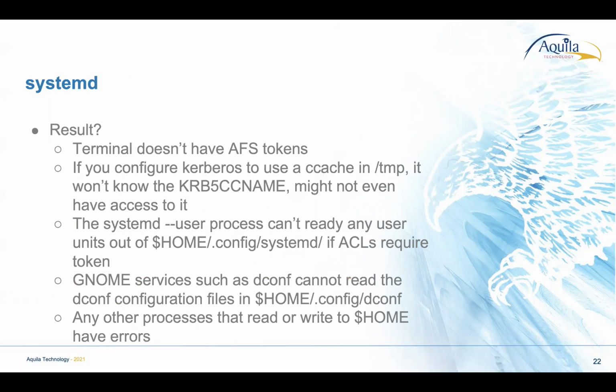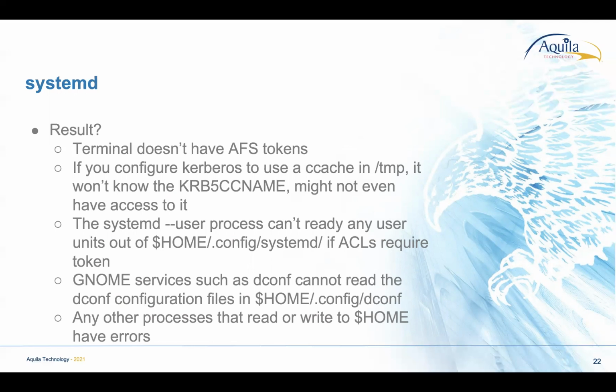And also, if you set up Kerberos to use a ccache in /tmp, it won't know the ccname, and it might not even have access to /tmp because systemd can be configured to have a private /tmp directory for every service. The systemd user process also can't read into the user's .config/systemd, and that's the configuration directory for systemd user.